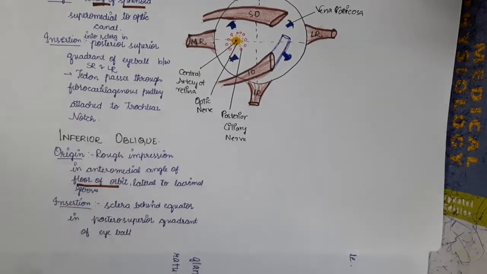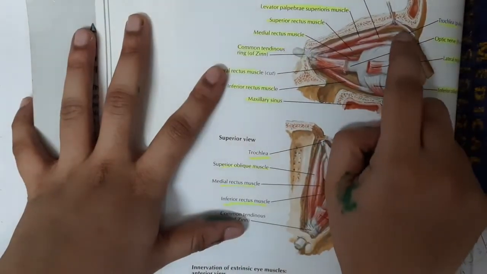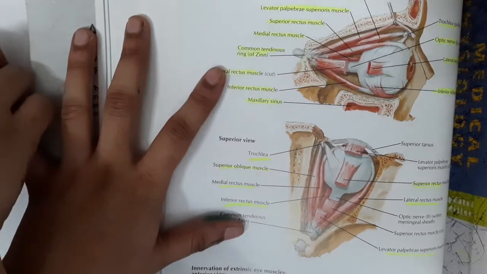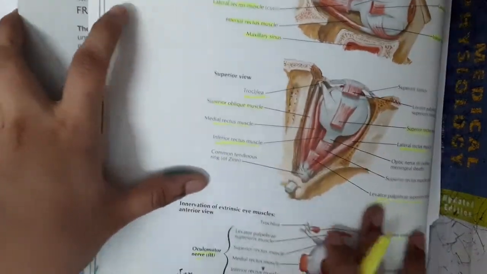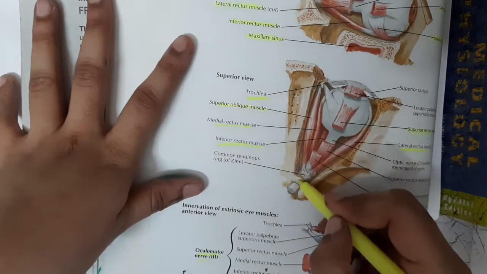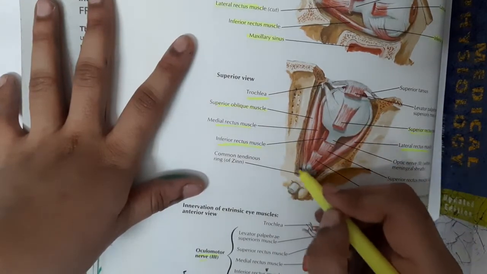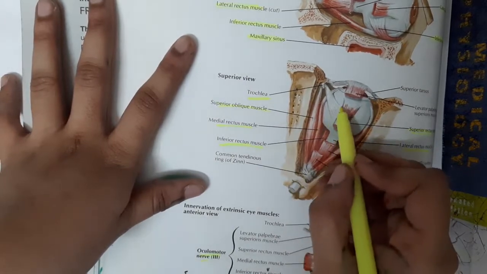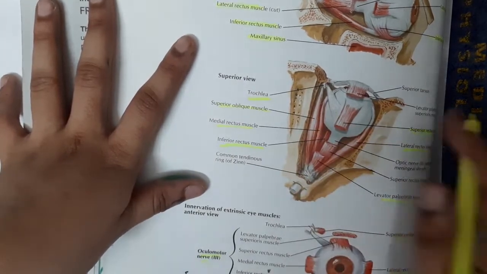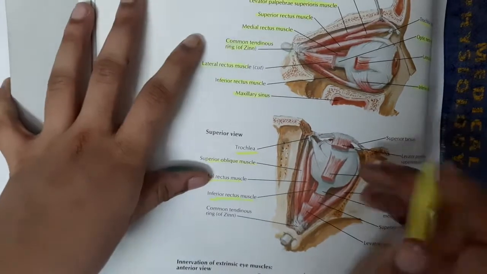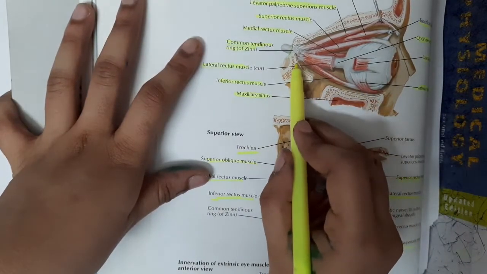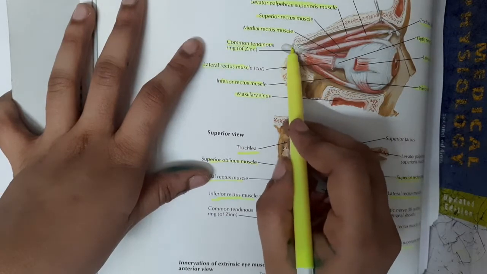Let me show you again in the same diagram. Here in this diagram, this is the superior oblique. You cannot see its origin, but it originates from the sphenoid and gets inserted into the sclera. Whereas this is the inferior oblique, which originates from the floor of the orbit, not from the common tendinous ring.